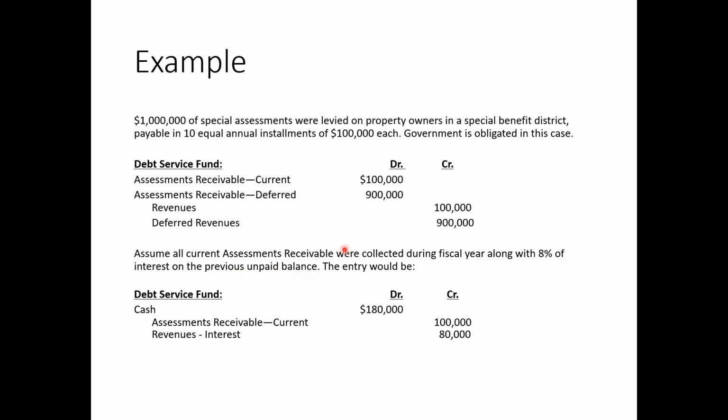At the very beginning, that's going to be $1 million, so 8% of that will be $80,000. So for the first assessment payment, that will be 100,000 current assessment and 80,000 interest revenue. So total $180,000 will be debit cash.